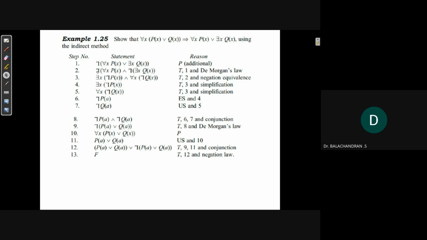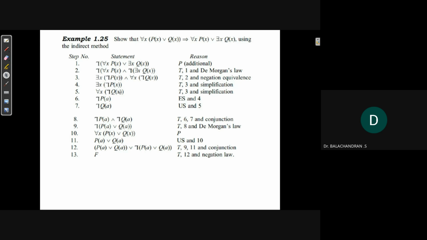If I take this negation inside, for every changes to there exists x, negation P of x, and similarly I'll take this negation inside, there exists is changed to for every x, negation Q of x. Now this is P, this is Q, so P and Q, you can write what? This is P, and next step you can write Q.